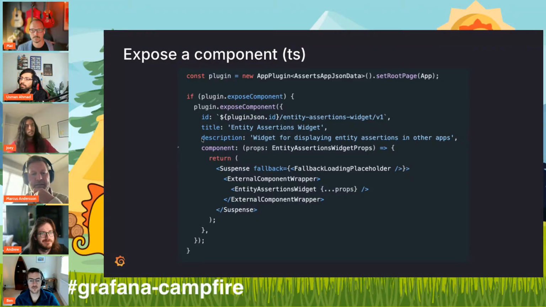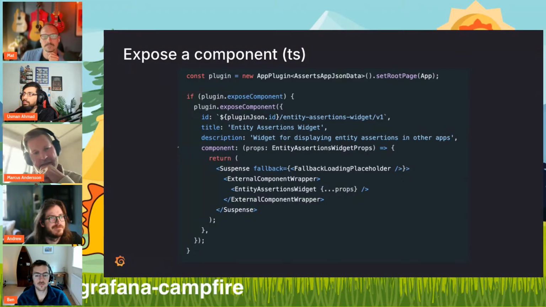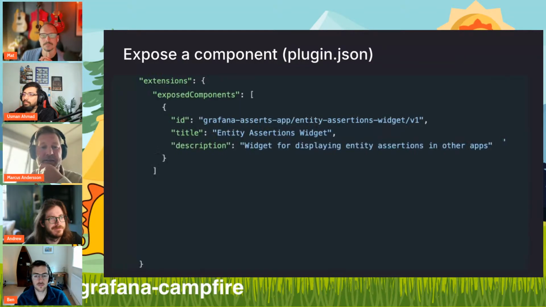They provide ID, title, description, and then the component that they want to expose. So in this case, it was the button that I showed you. And they also need to define a bit of static metadata, but this time, it's extensions and expose components. And that's basically all you need to do to get this up and running.